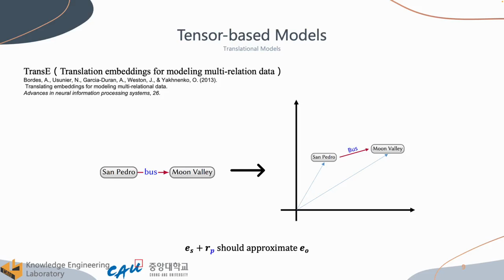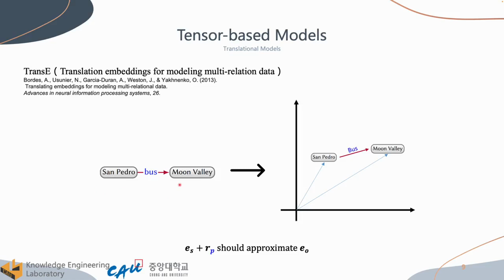The basic translational model is the TransE model, embedding entities and relations into the same node-dimensional vector space. For example, the edge is San Pedro, path, Mon Valley. San Pedro and Mon Valley are the entities and the path is the relation between the two entities.